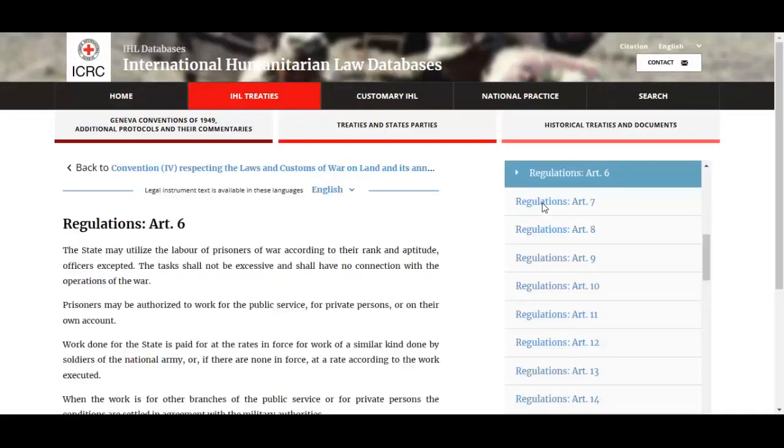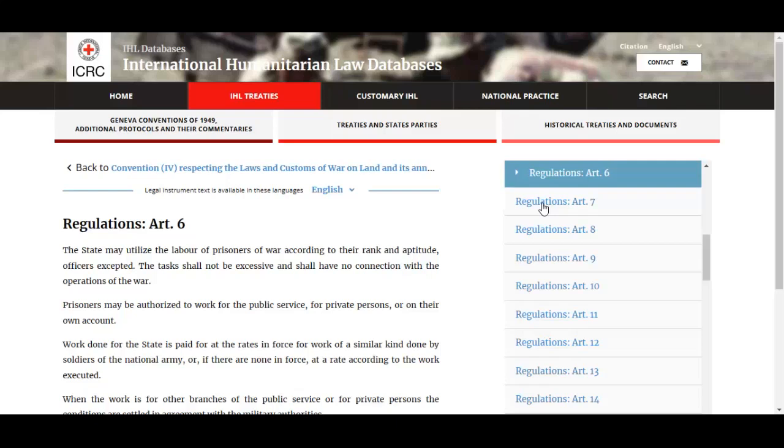The state may employ the labour of prisoners of war, other than officers, according to their rank and capacity. The work shall not be excessive and shall have no connection with the operations of the war. Prisoners may be authorised to work for the public service, for private persons, or on their own account.